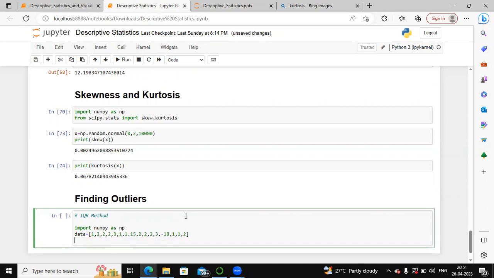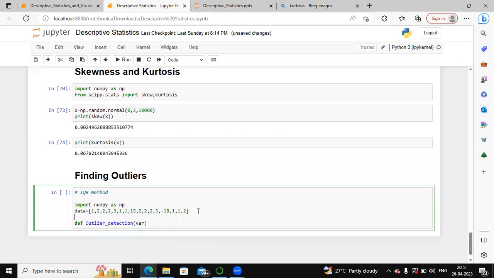I'm going to write a function first, called outlier detection. I have to pass a variable over here. The variable is our data that we have taken over here.